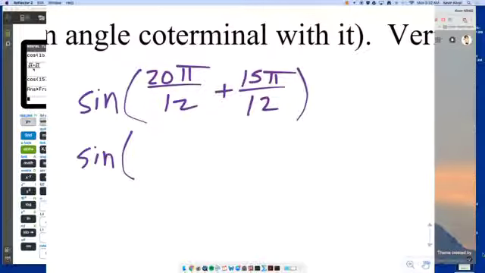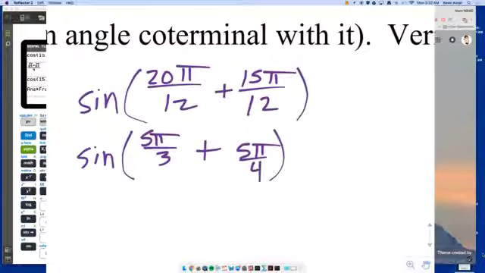Okay? 20 pi 12ths will simplify to 5 pi thirds. Right? They have a common factor of 4. Yeah, 5 pi thirds. Divide each of them by 4. And then 15 pi 12ths, if you divide each of them by 3, you get 5 pi fourths. So you could have had them flipped around. I actually wrote them deliberately in the wrong order that Tyler gave them to me, because addition and multiplication are commutative.